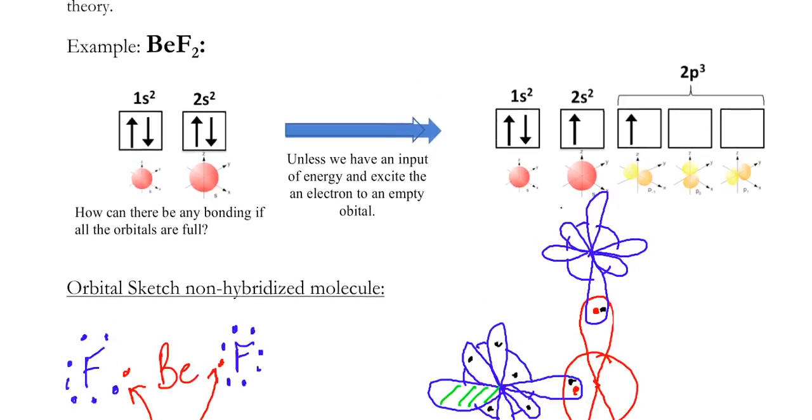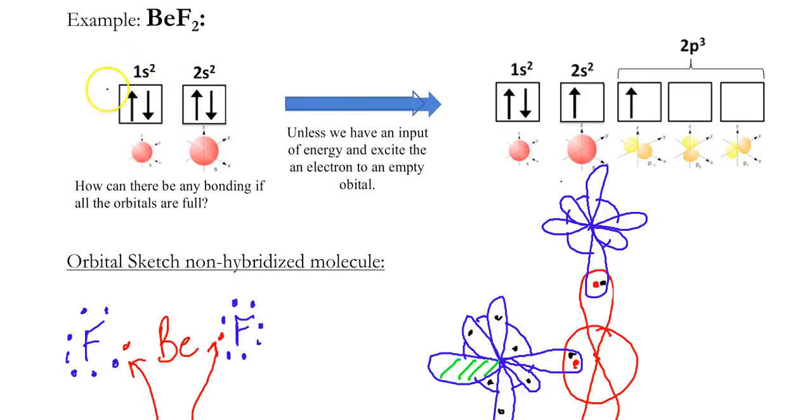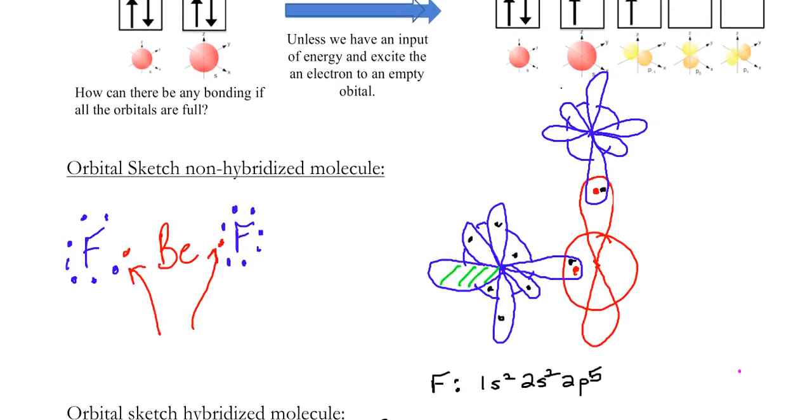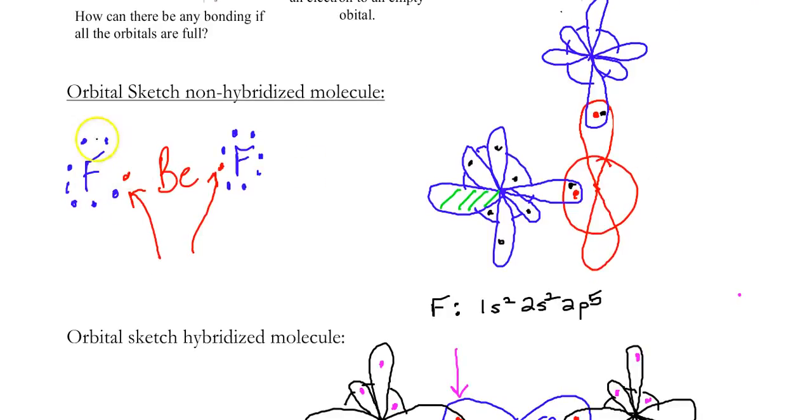So I started with the discussion of BF2, and BF2 has this configuration. If we excite it, we open up two possibilities, and quickly we do the Lewis dot diagram. I get something like this. B has two valence electrons, and fluorine has 7, as we see from its configuration.